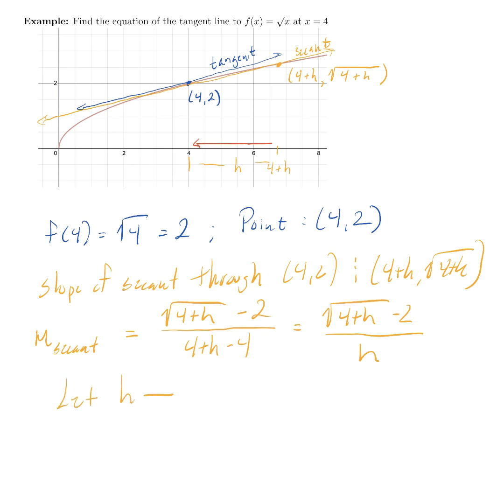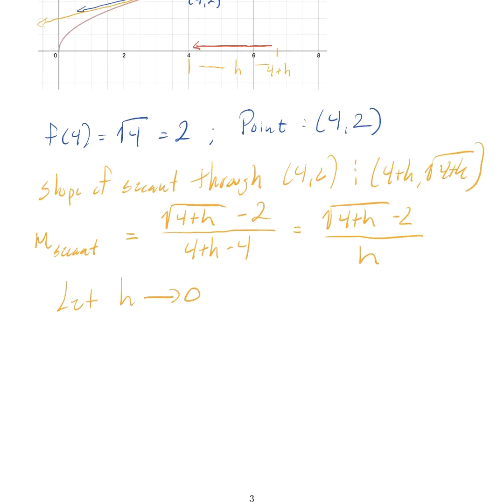So we want to let h approach 0. And we will get that the slope of the tangent line is the limit then as h approaches 0 of the square root of 4 plus h minus 2 divided by h.